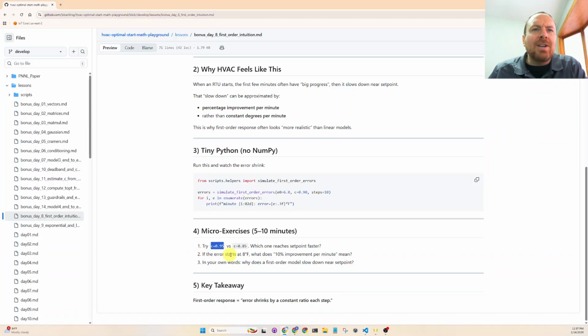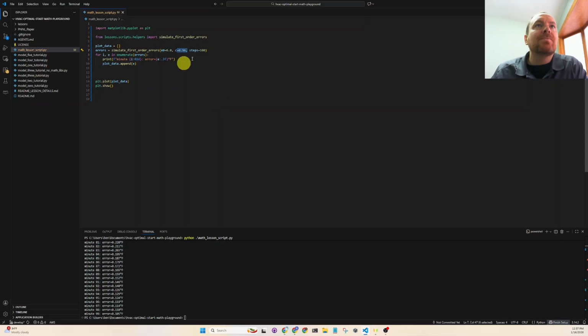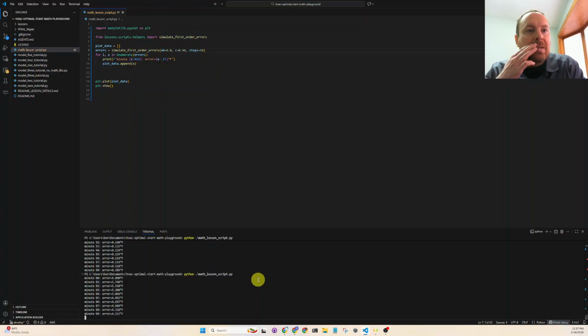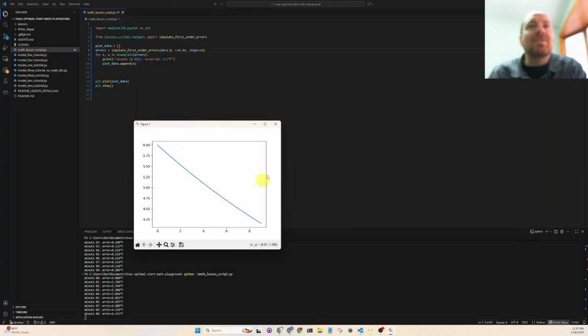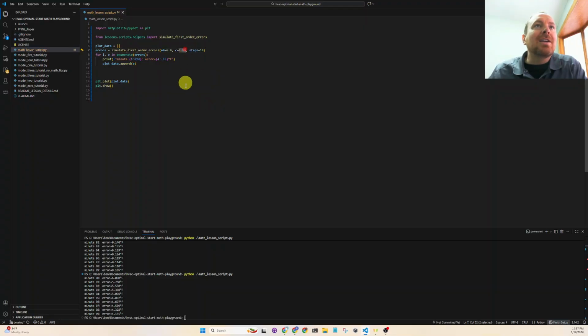But let's see what the lesson tried. If the air starts at 8 degrees, what does 10%... Okay, so we decided that the lower number is faster. If the air starts at 8 degrees, what does 10% improvement per minute mean? So, wow, if I put that, that's almost like a perfect triangle again, or a perfect line.